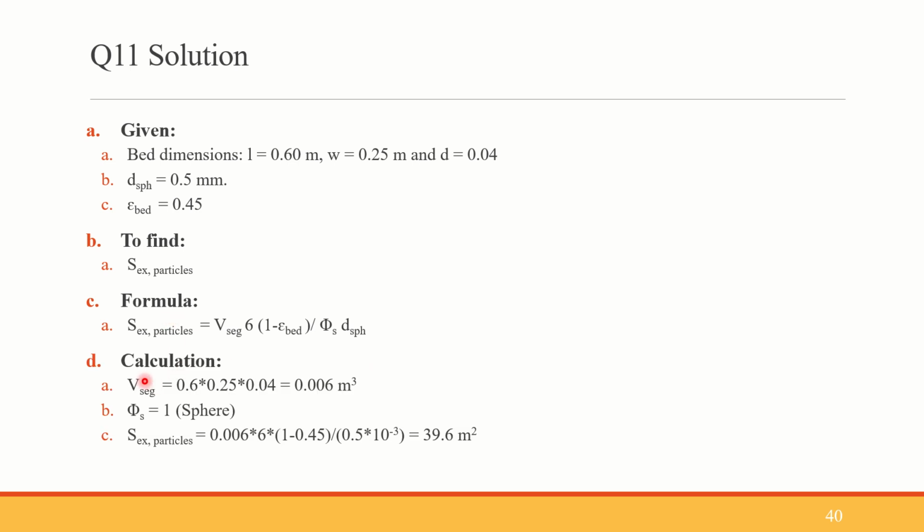V bed is the volume of the bed, 0.6 into 0.25 into 0.04, length into width into depth. So it is 0.006 meter cube, and since the particle is a sphere, phi s is equal to 1. Therefore the surface area of the particles is 0.006 into 6 into 1 minus 0.45 divided by 1 into 0.5 into 10 power minus 3. So the answer is 39.6 meter square.